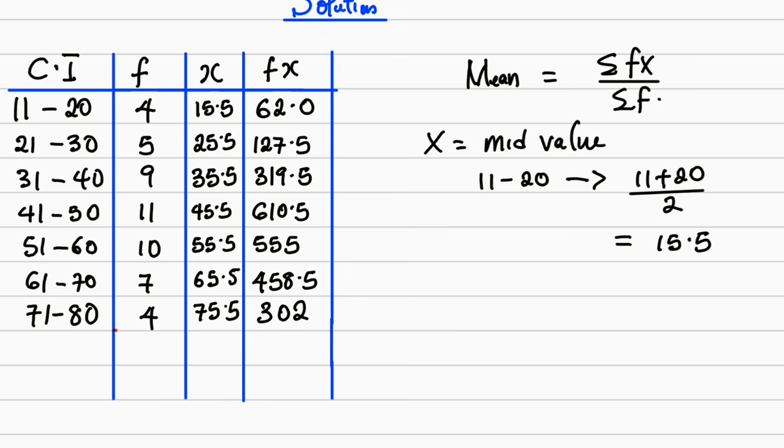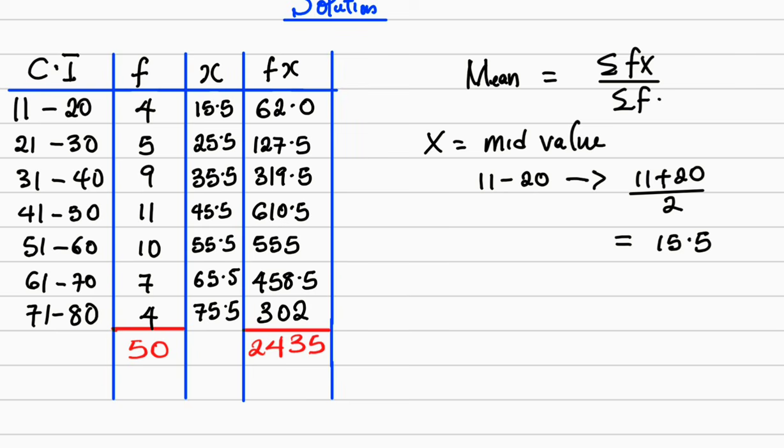Remember, we are looking for summation. To get the summation, you pick your calculator and add up the column for f and fx. The first one, once I add this, I have 50. Then on adding fx, I'm going to have 2,435.